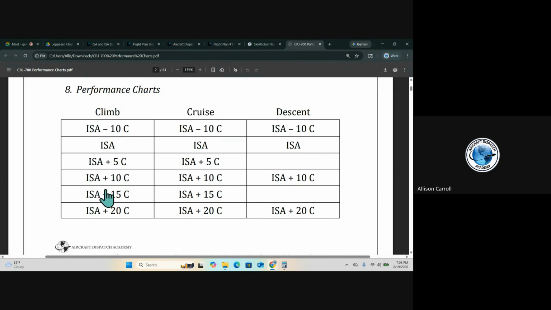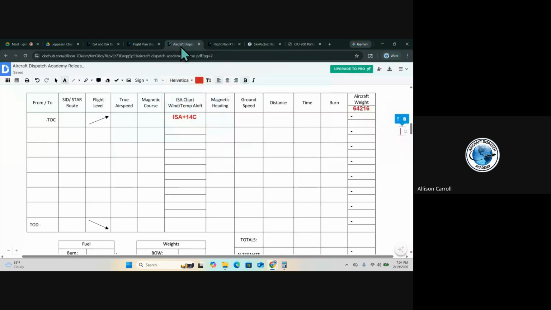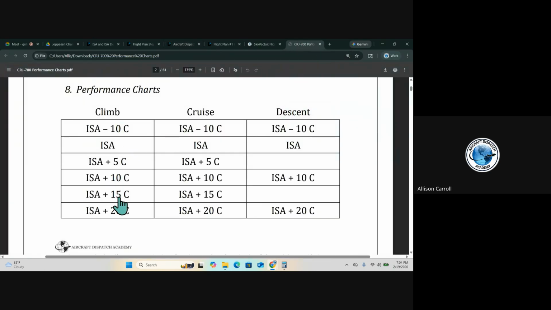With climb, obviously -10, regular ISA or 0, right? +5, +10, +15, +20. Our ISA deviation is +14. So remember, we're going to go warmer, and we're going to go to ISA +15.